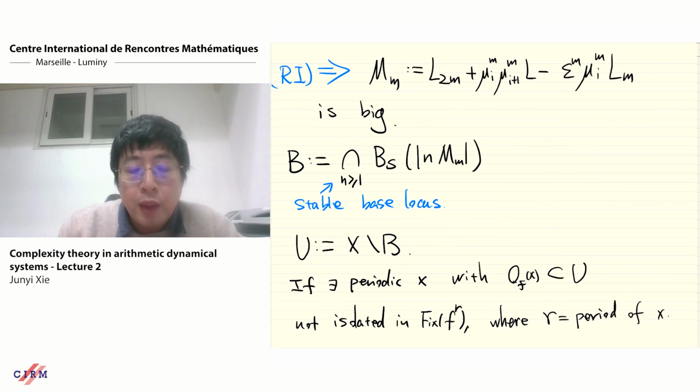Now, if you have some periodic point x whose whole orbit is contained in U, by contradiction, we assume that this point is not isolated in this fixed set of f^r, where r is the period of x.